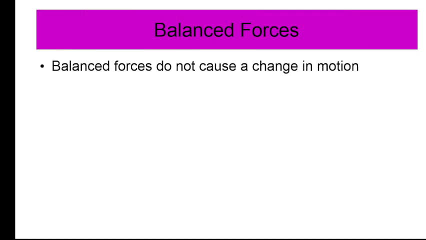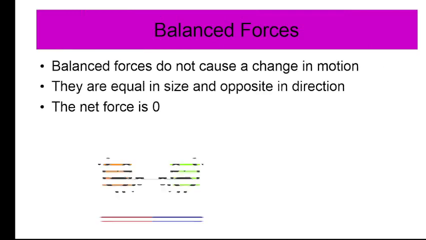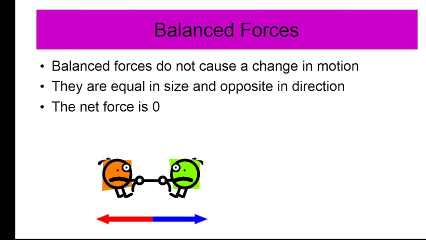So, balanced forces: there won't be any change in motion because both forces are the same, so the net force will be zero. Earlier we said that if there is some net force, it will cause movement in the body. As the net force is zero, there will be no movement in the body.